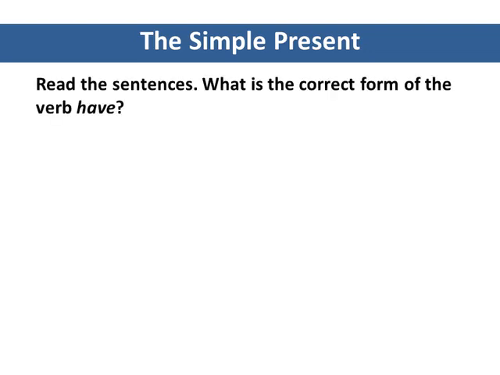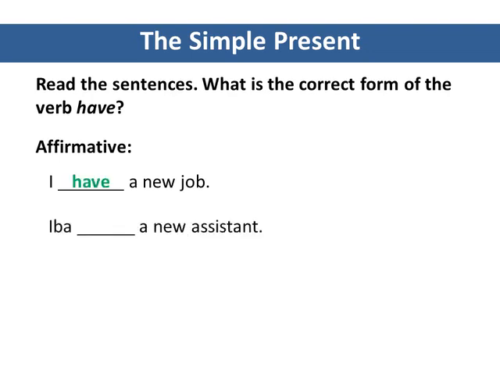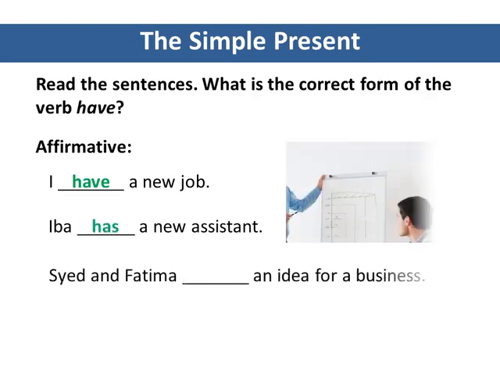Read the sentences. What is the correct form of the verb have? Affirmative. I have a new job. Eba has a new assistant.